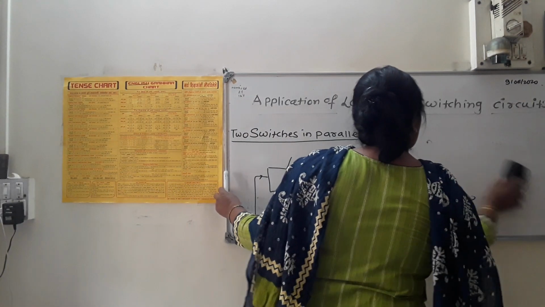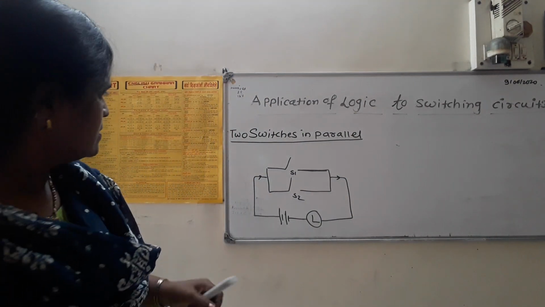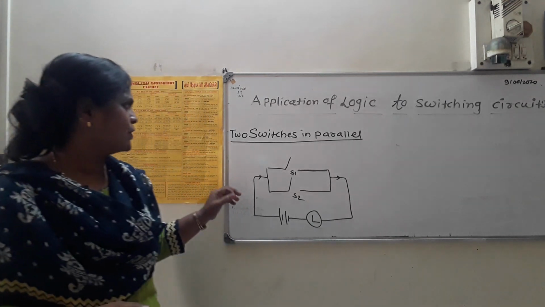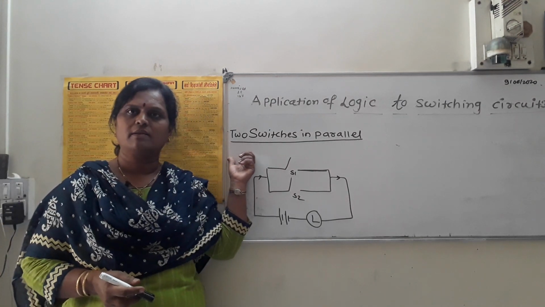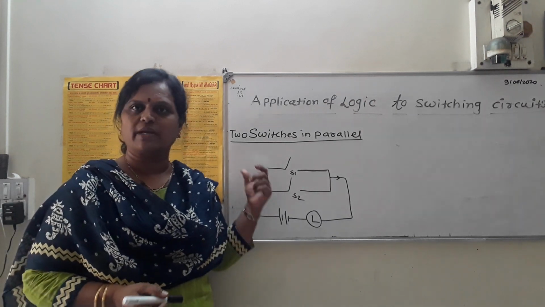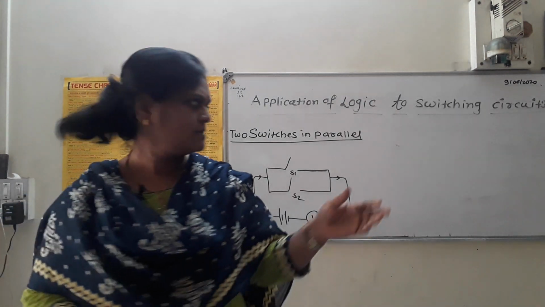In these switches, we have to prepare a table, that is the input output table. But what is the input and output table? Here you can also say switching table.